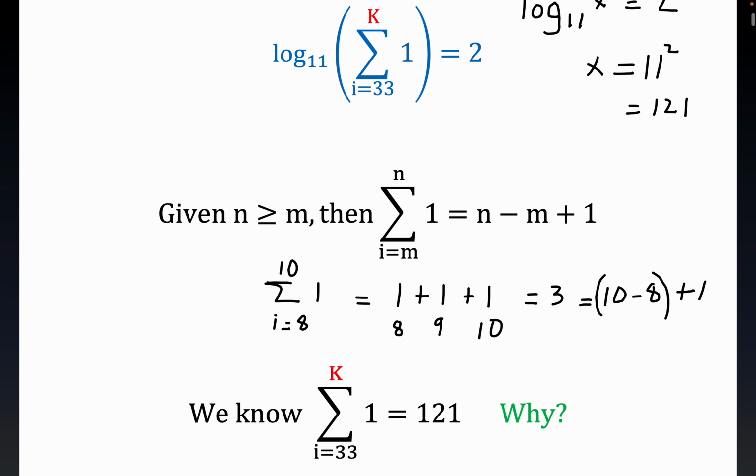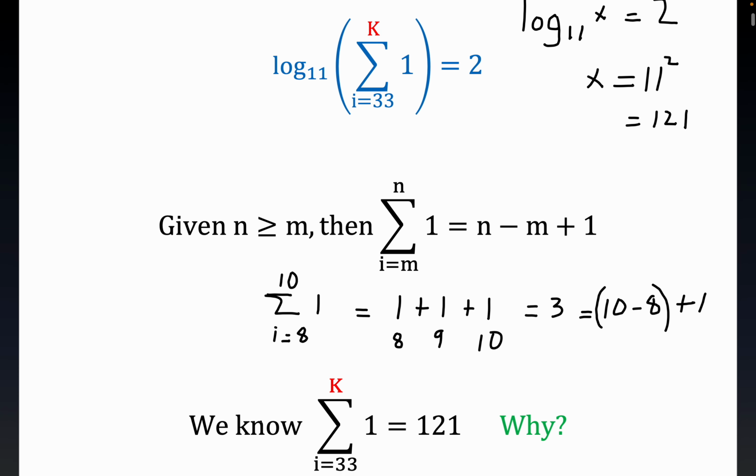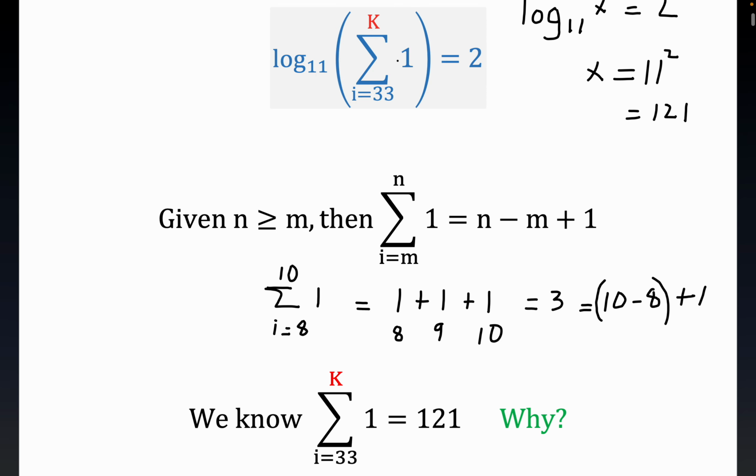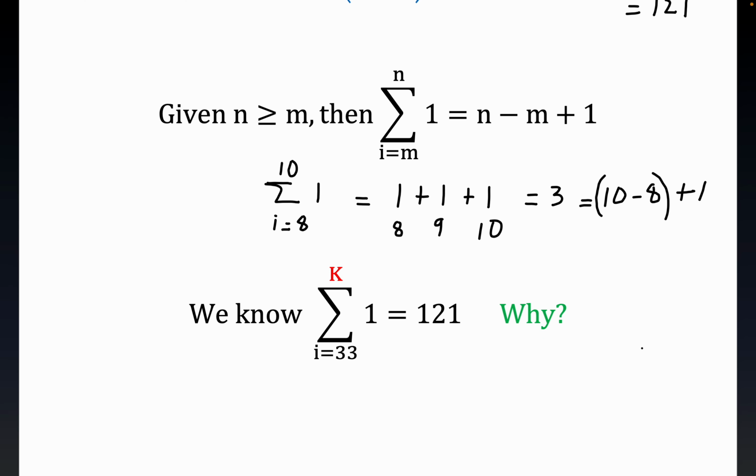All right, well, we already know from our earlier work that this summation inside of here must equal 121, right? So that's why I wrote this down. I just wrote down what we observed at the very beginning of the problem. But we also know that 121 must equal k minus 33 plus 1.